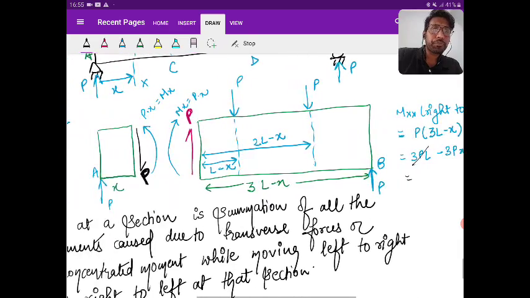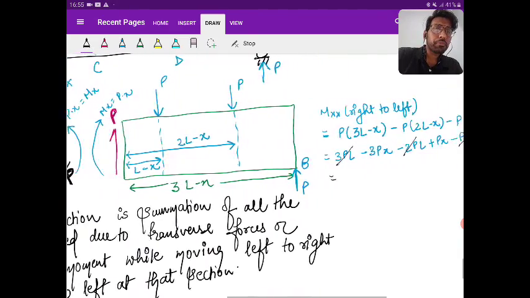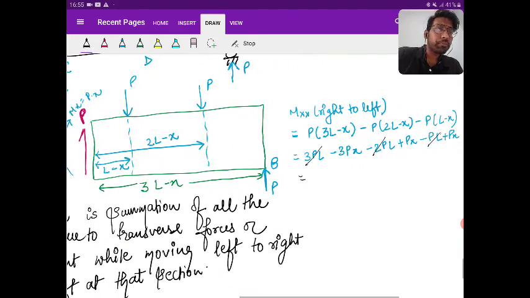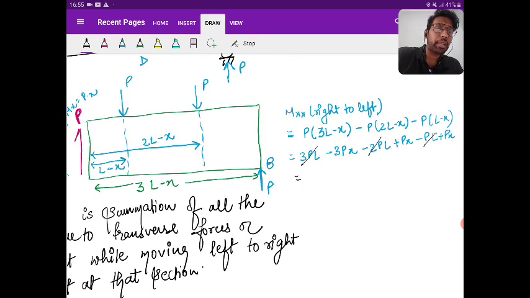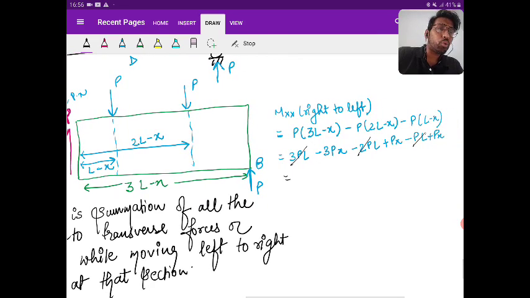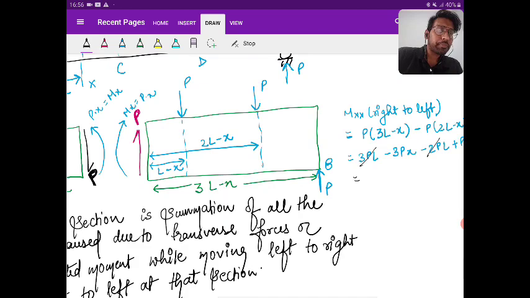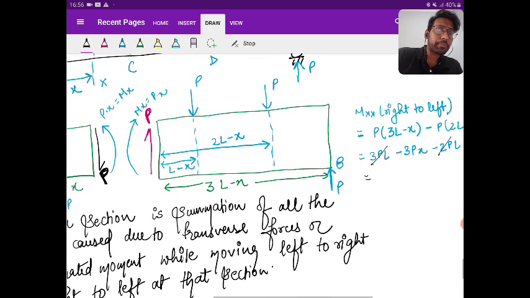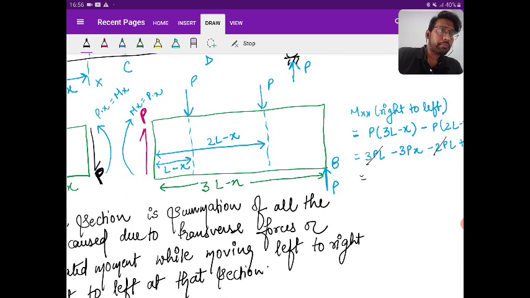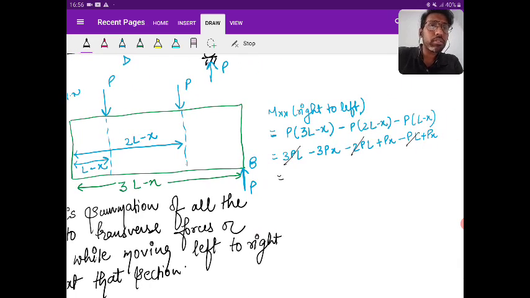P into 3L minus H minus P into 2L minus H, then minus of P into L minus H. Okay, here I've made a mistake.